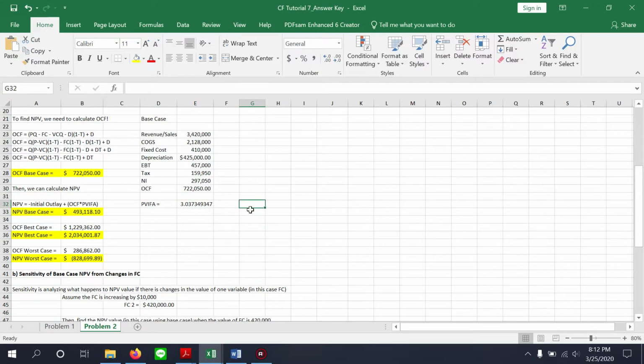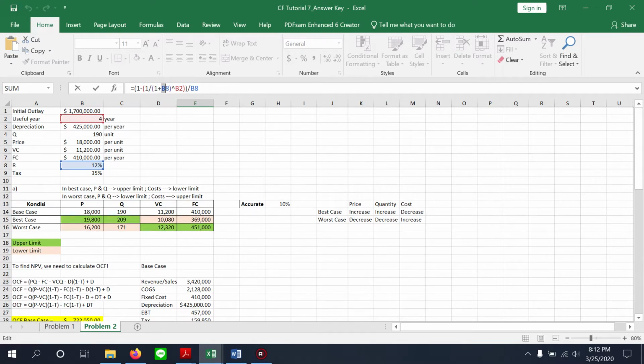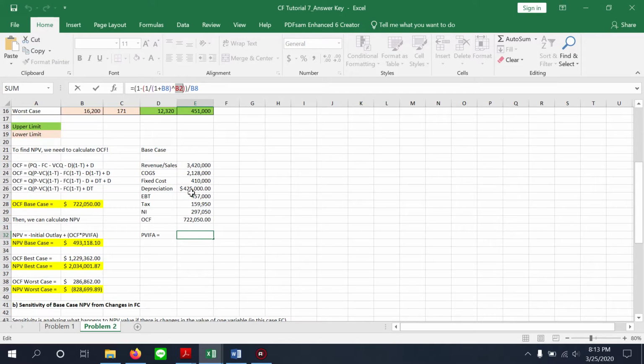If you still remember your annuity programming, it will be the same formula here. So this B8 will be the rate, and the B2 will be the period, and the period will be the useful year here. Okay, so it will be a very helpful thing for you.